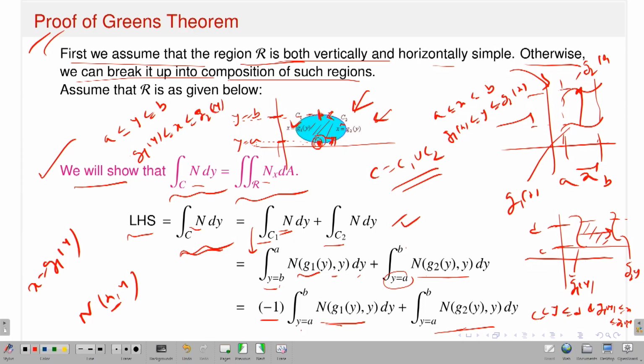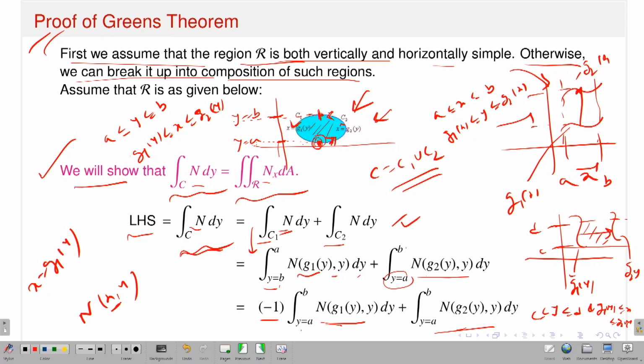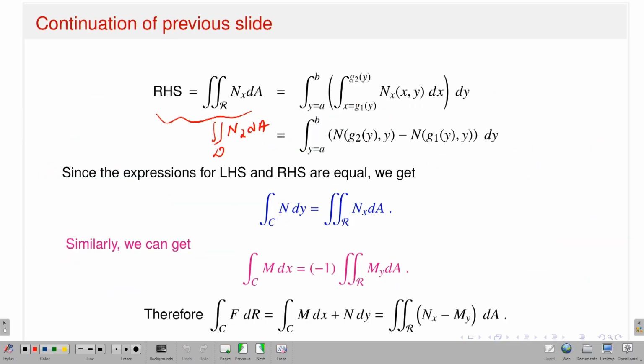So if I want to calculate the double integral over this region, by Fubini's theorem I can write it in terms of an iterated integral. Since the region is horizontally simple, I have to first integrate with respect to the x variable, and then perform the integration with respect to the y variable.